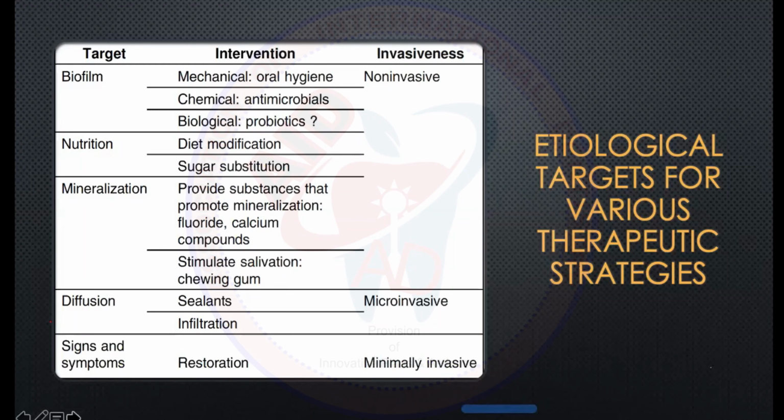Then for mineralization, you can use fluorides, calcium, phosphate components, different things are there. For stimulating saliva, because saliva itself is a buffer, cleanser, antibacterial and remineralizing agent, you need to use chewing gums, xylitol chewing gums. For giving protection, a diffusion block, you can use a sealant or a resin infiltrate. That is a micro-invasive treatment.